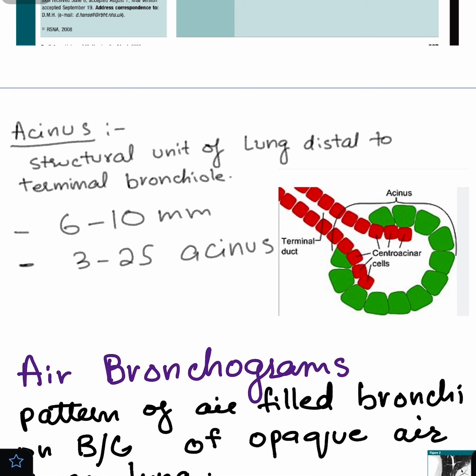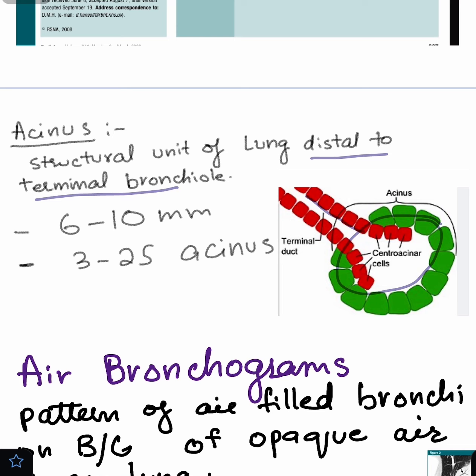What is acinus? It is a structural unit of lung distal to terminal bronchioles. It is basically supplied by a first order respiratory bronchiole. It contains alveolar ducts and alveoli.